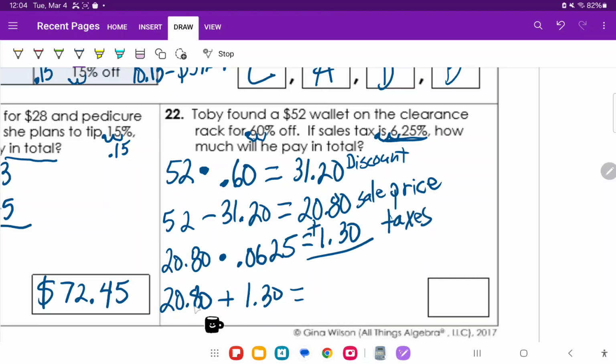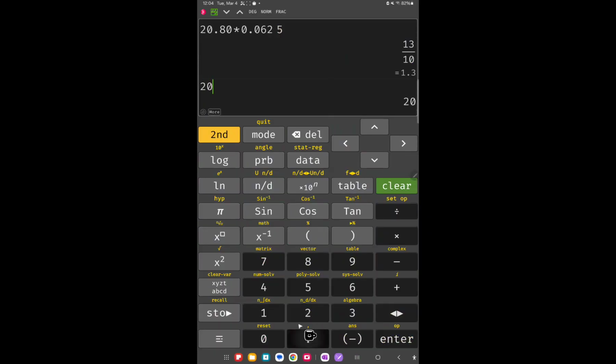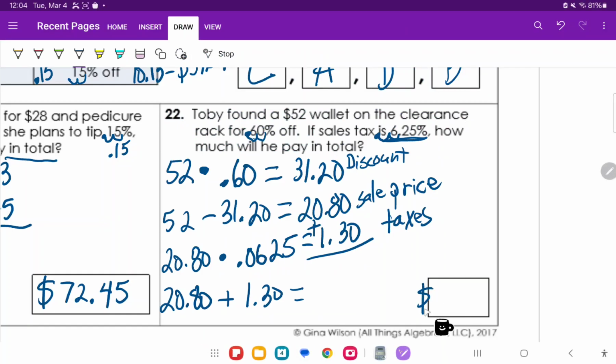All right, so we're going to add those together to get our final total, $20.80 plus $1.30. That's going to give us a final total of $22.10.